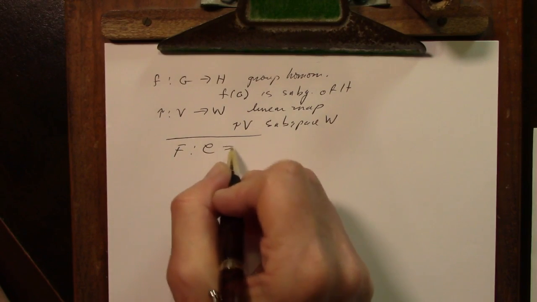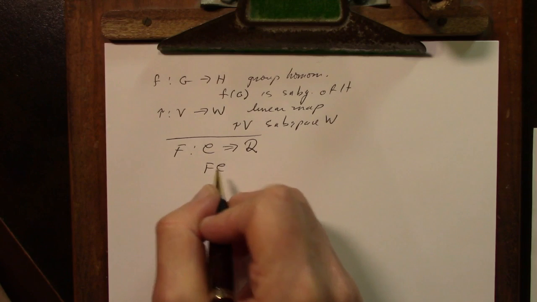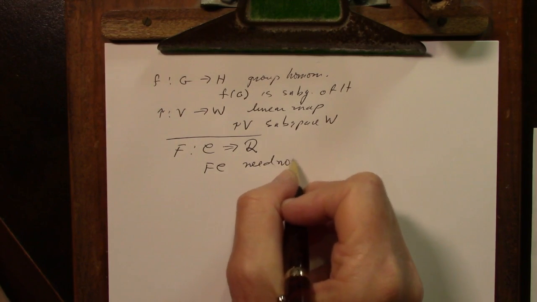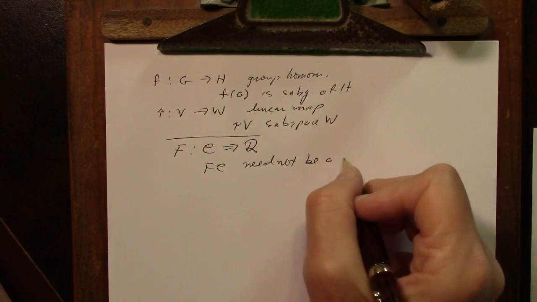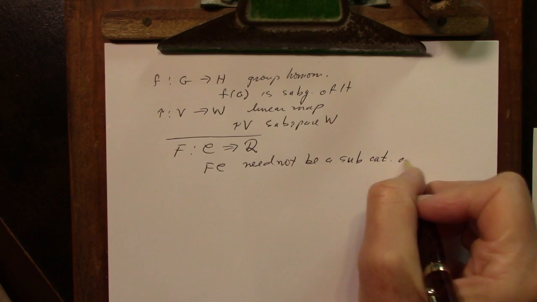If F is a functor from C to D, then the image F(C) need not be a subcategory of D.